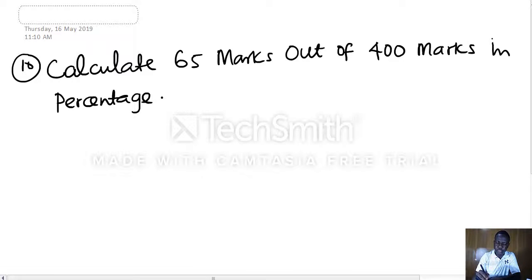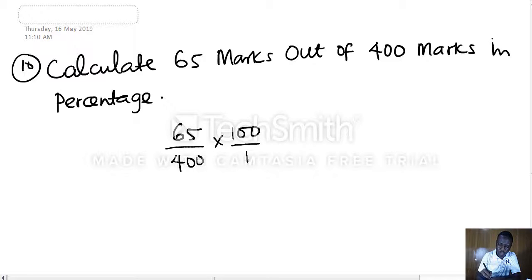So what we are going to do is, we are going to first of all express 65 as a fraction of 400, and thereafter multiply by 100, which is equal to 65 divided by 400 times 100 over 1, so that these two zeros will cancel these two zeros, leaving us with 65 divided by 4, and 4 into 6 is 1 remainder 2, 4 into 25 is going to be 6 remainder 1 over 4.